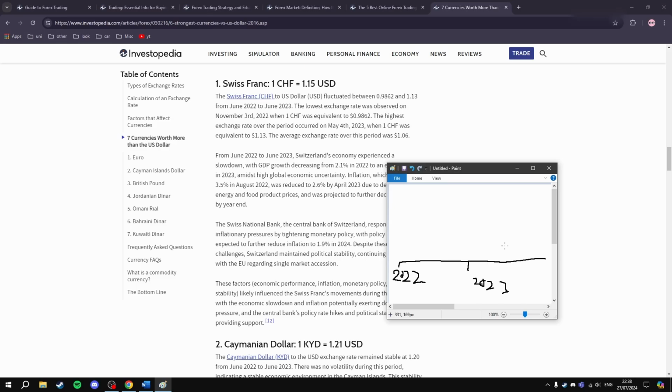Right, okay, so lowest exchange rate was observed on November the 3rd, 2022. So this was 0.9862.